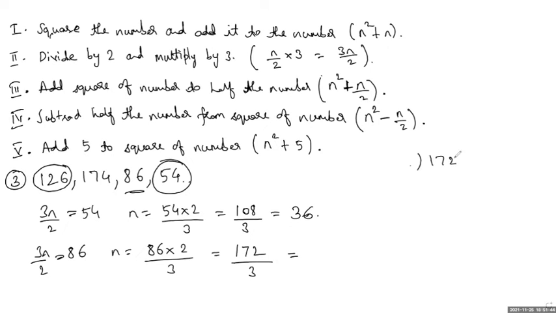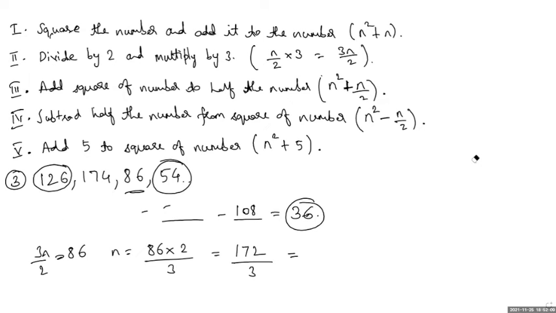I don't think it is properly divisible. 3 5s are 15, 3 7s are 21. So we see one remainder is coming. So it is not properly divisible. This way we don't get a proper number. Correct? Yes, ma'am. That's why even rule 2 is wrong. Okay? So rule 2 is also wrong.